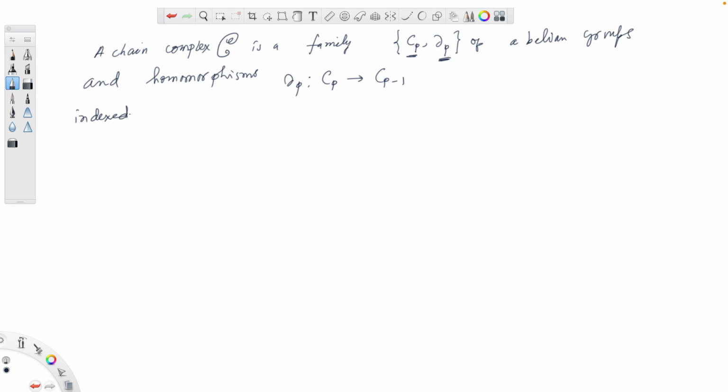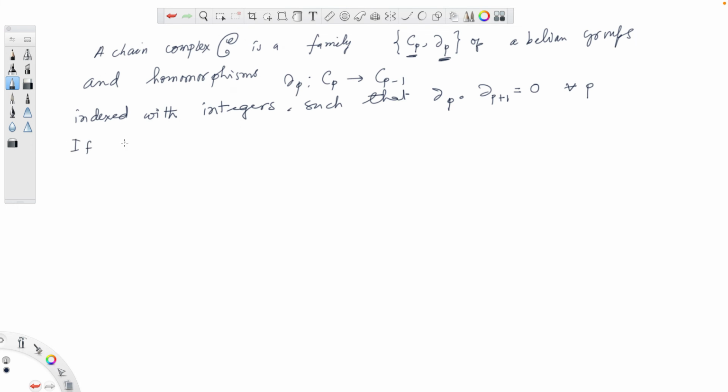P takes values in the set of integers, such that del_p composed with del_{p+1} is equal to 0, for all p.